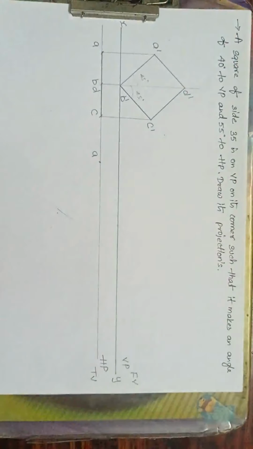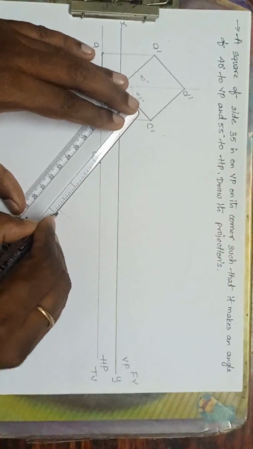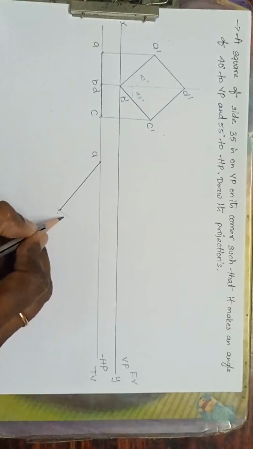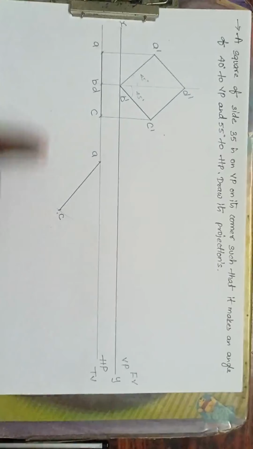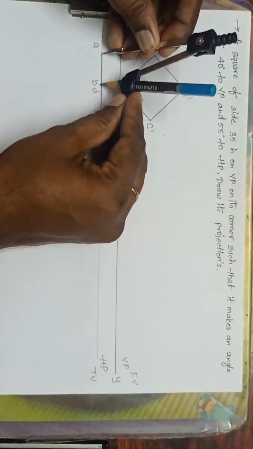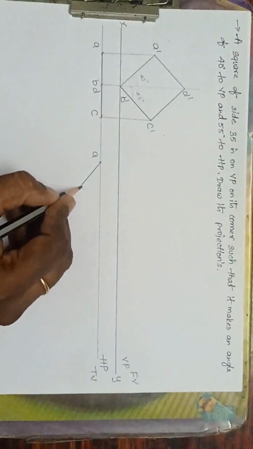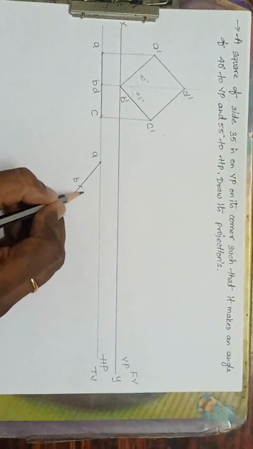Now at 40 degrees, join this one. Now this last corner is C, and next I have to mention B and D also. So take radius BD, A as center, cut here. I have got B and D.